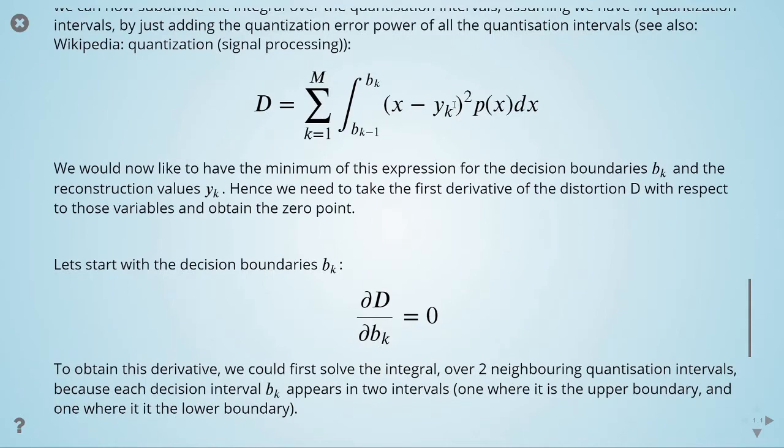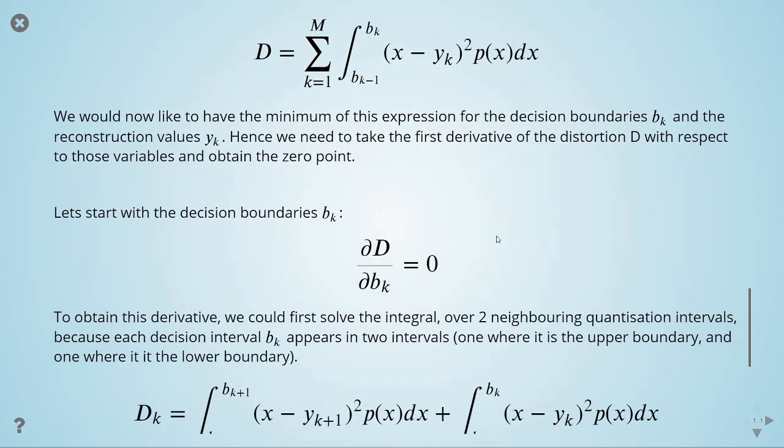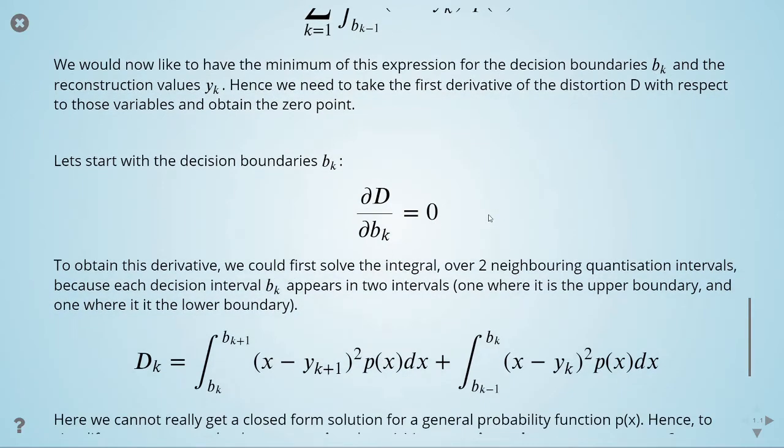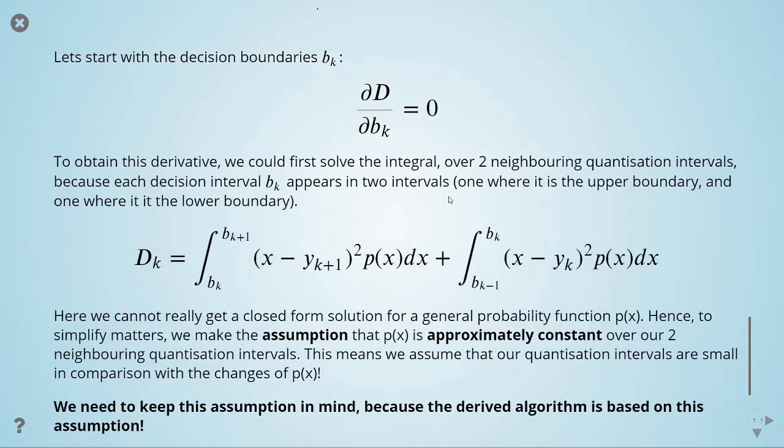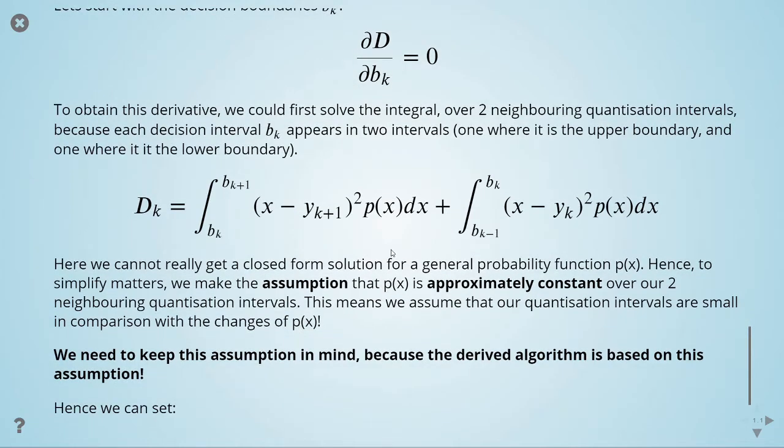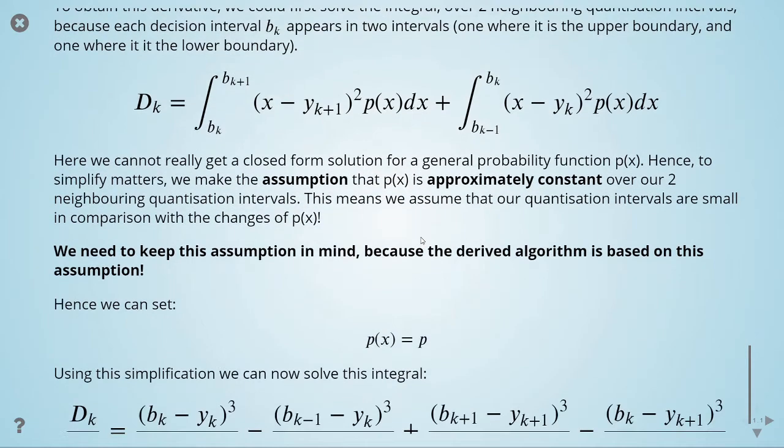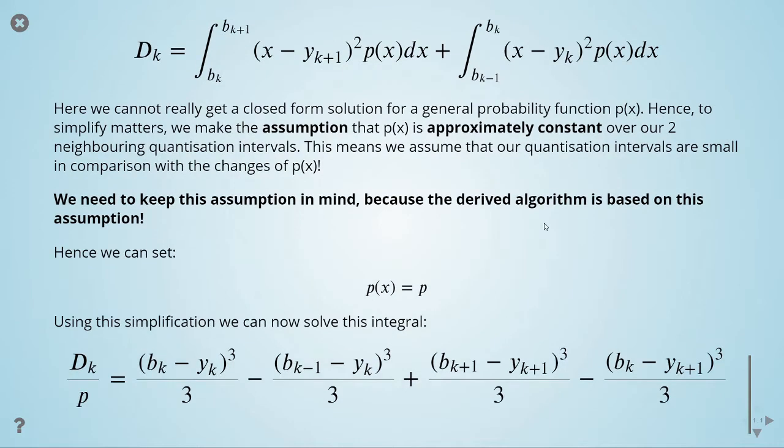So we divided, we're solving the integral over two neighboring quantization intervals, and we're assuming that the probability function is constant over two neighboring quantization intervals. Yeah? So then we can set that the p of x will be just a value of p, and then when we solve this equation here, we end up with this thing here.